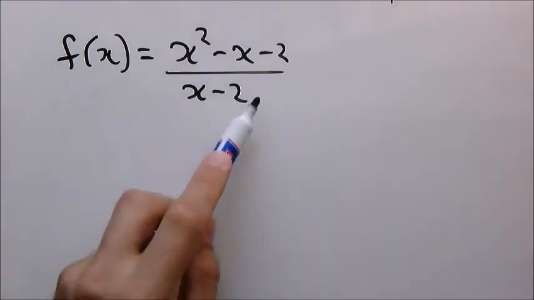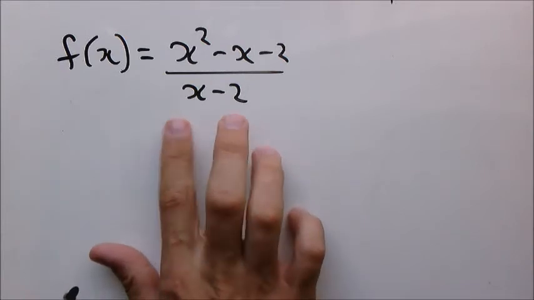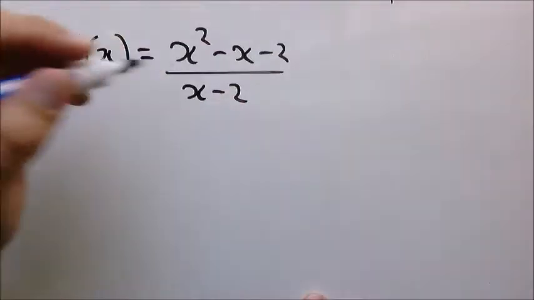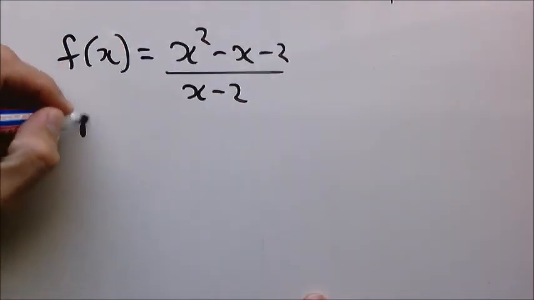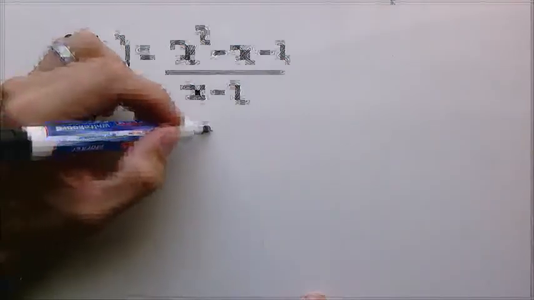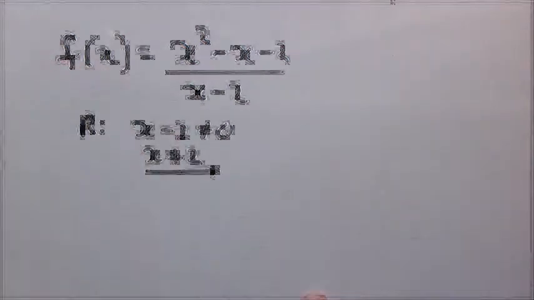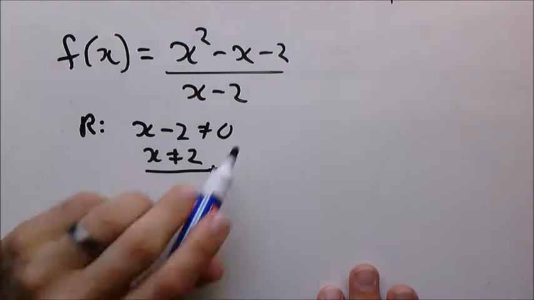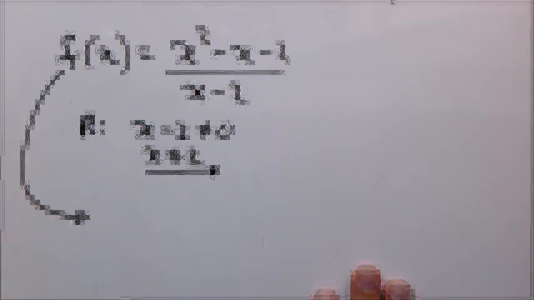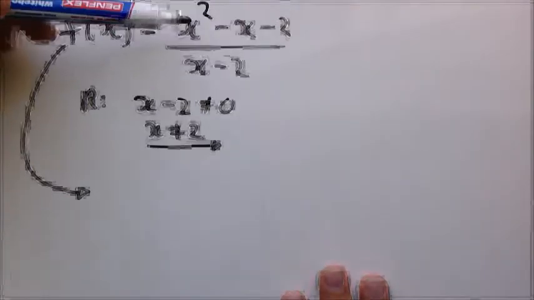Okay, first of all, let's look at our denominator. We know the moment you have a variable inside the denominator, you are going to have a restriction. So our restriction will be x minus 2 may not be equal to 0, therefore x may not be equal to 2. Okay, when x is equal to 2, this will become undefined. Now let's look at the equation at the numerator.